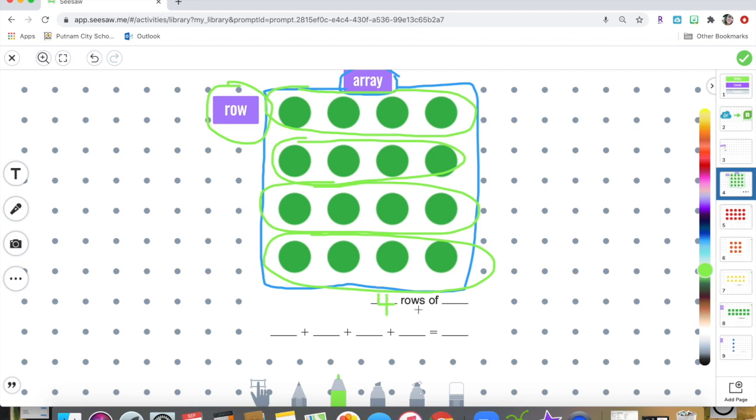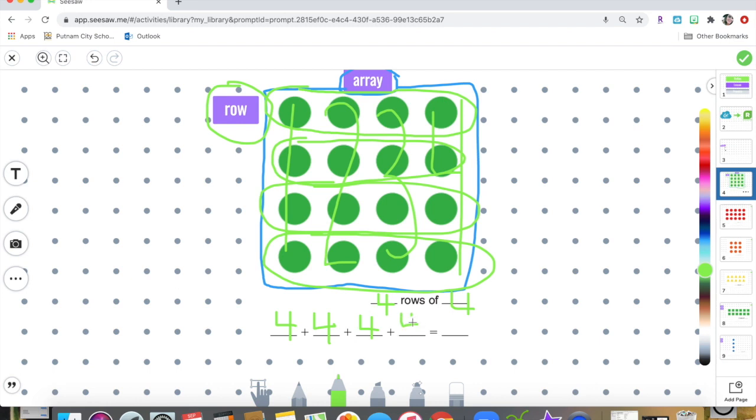And now it wants to know how many is in each row. So 1, 2, 3, and 4. So we have 4 rows of 4. That means we're going to add 4 together 4 times. So before we did 4 plus 4 equals 8. And then we had 4 plus 4 plus 4, and that was 12.